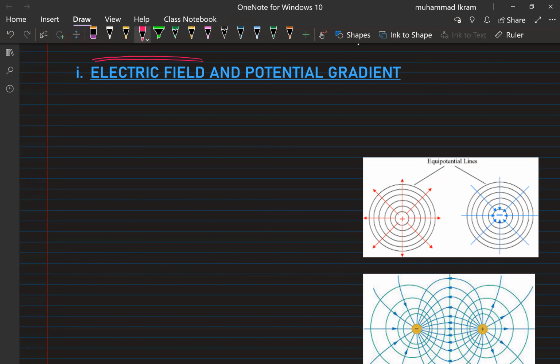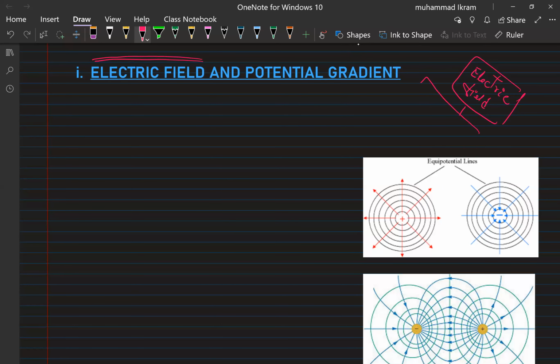Electric field is the natural or intrinsic property of every charged particle; around every charged particle there is an electric field. But we have two kinds of difficulty while representing the electric field on paper.